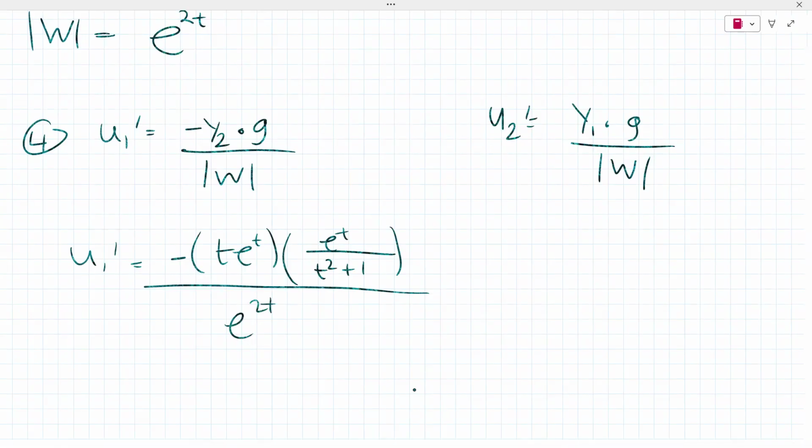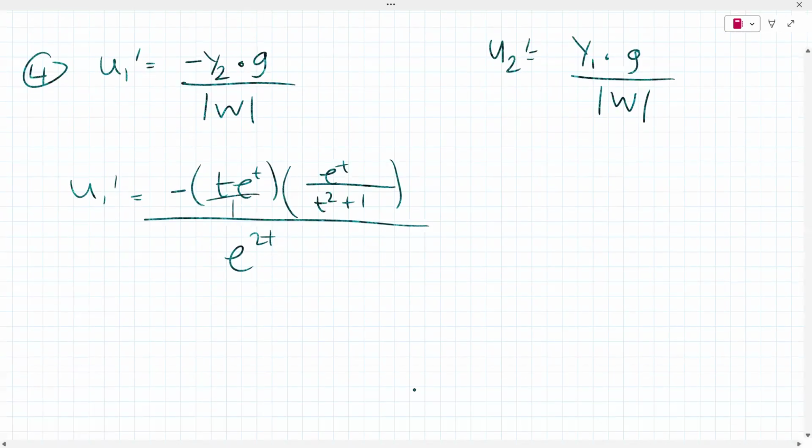So how would I do this? On the top, you have a complex fraction. Your LCD is t squared plus one. When you put it all together and simplify this complex fraction, you should get 1 over t squared plus 1.